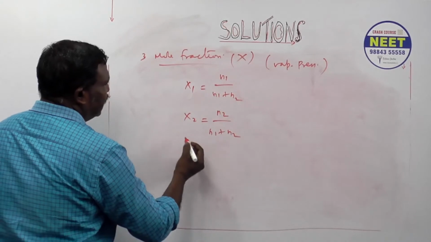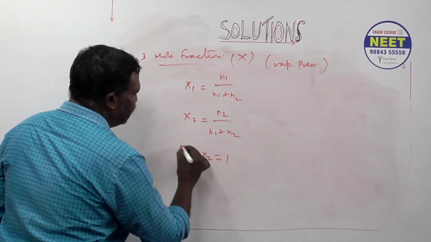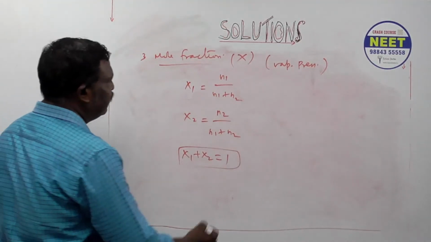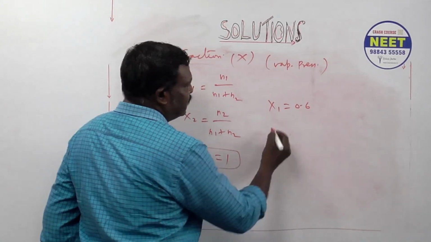X1 plus X2 is 1. Suppose X1 we find is 0.6 and X2 we did not find out.